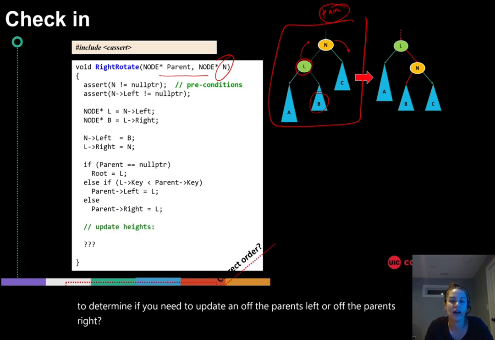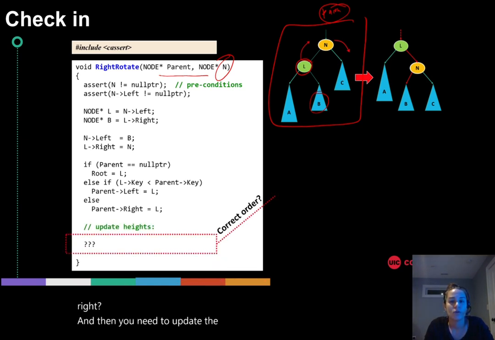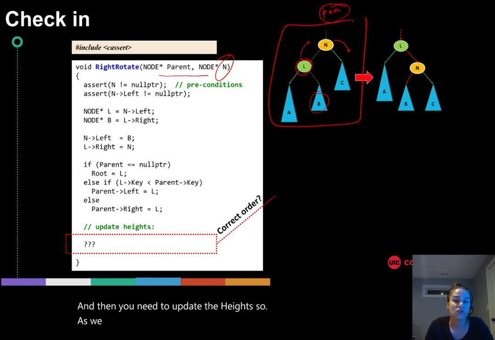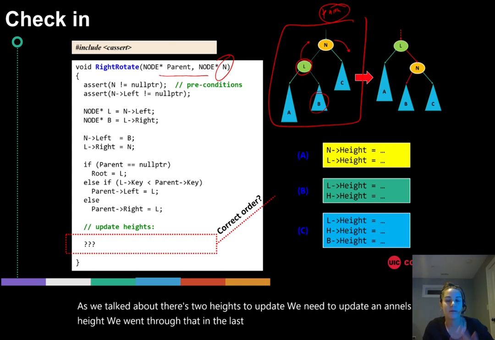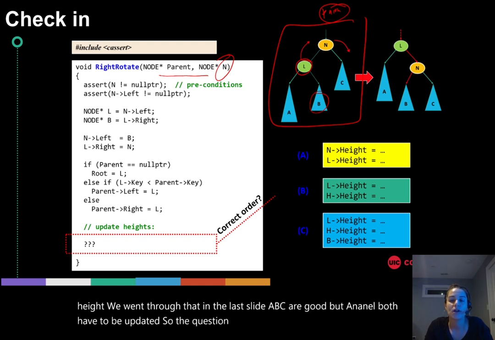And then you need to update the heights. As we talked about, there are 2 heights to update: n and L's height. We went through that in the last slide. A, B, and C are good, but n and L both have to be updated. So the question is, in what order? n is a child of L, so L's height depends on n.